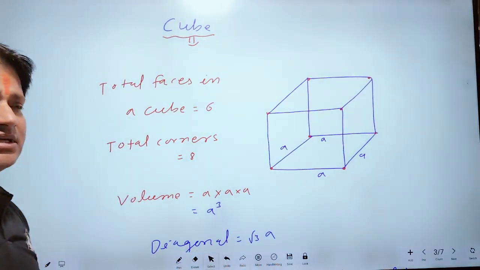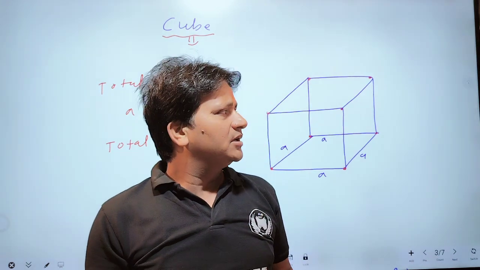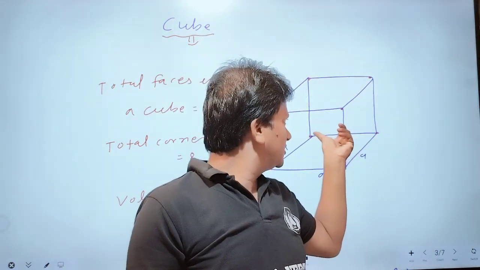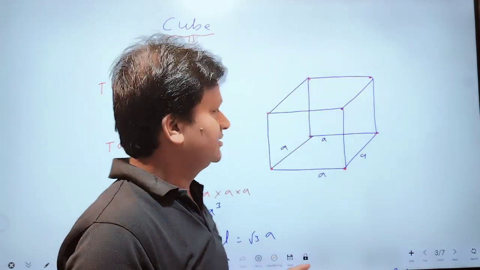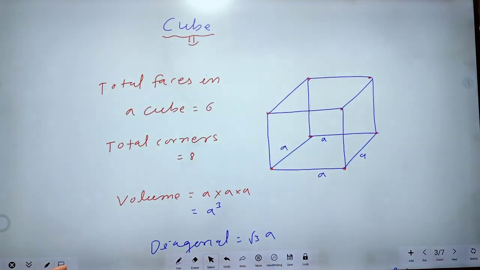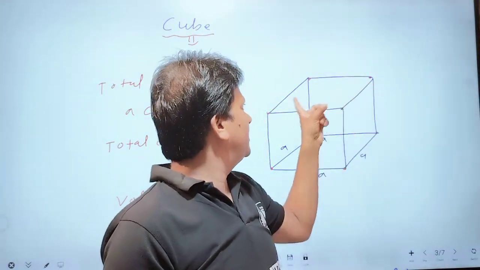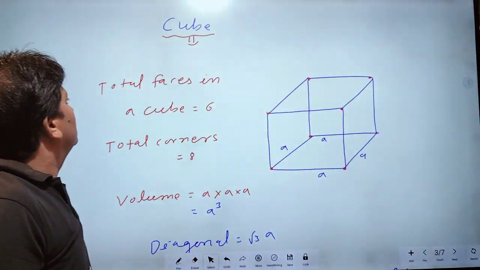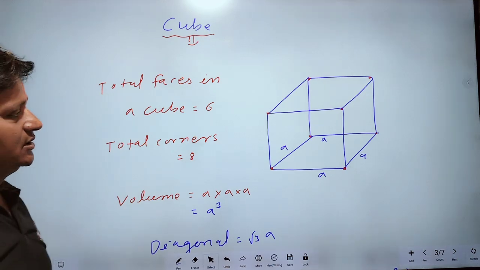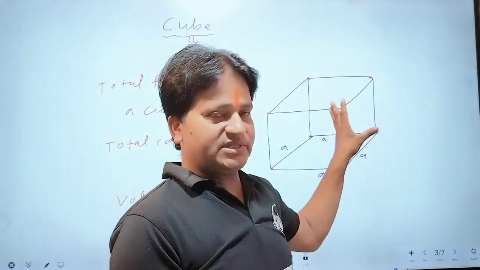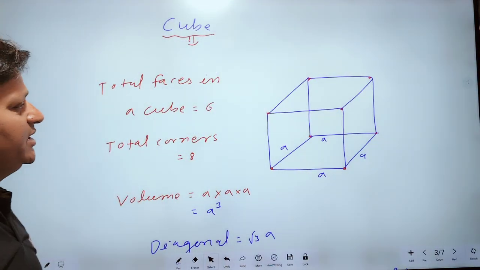It is just like a room whose edge length is a. Okay. Total faces in a cube: there will be 6 faces in a cube, and total number of corners will be 8.